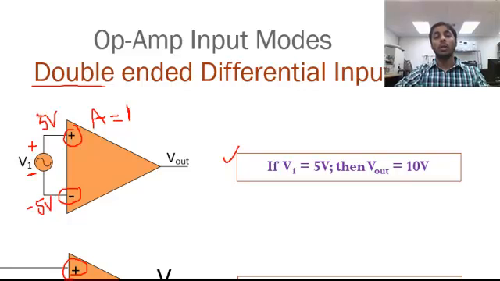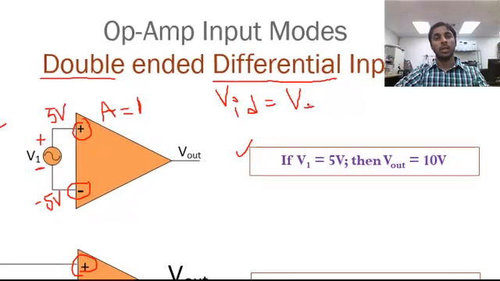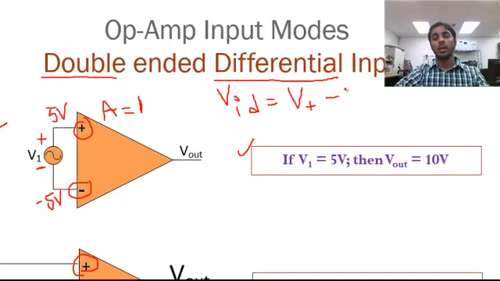And we are always aware that an op-amp will do differential. So it will always consider the input voltage, or VID, the input differential, which is the voltage at the non-inverting terminal minus the voltage at the inverting terminal.